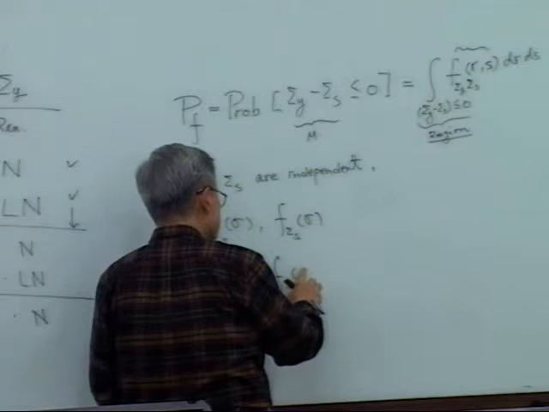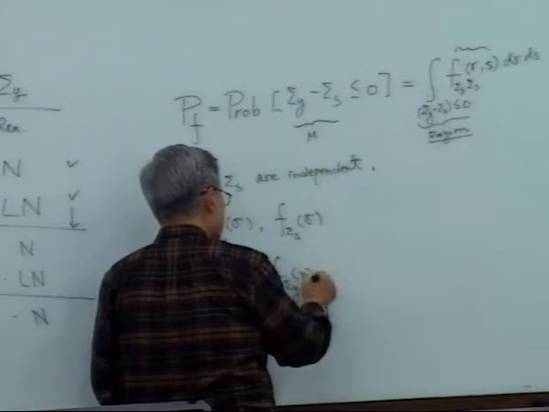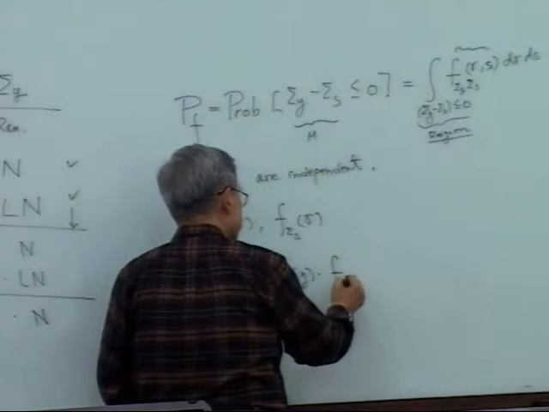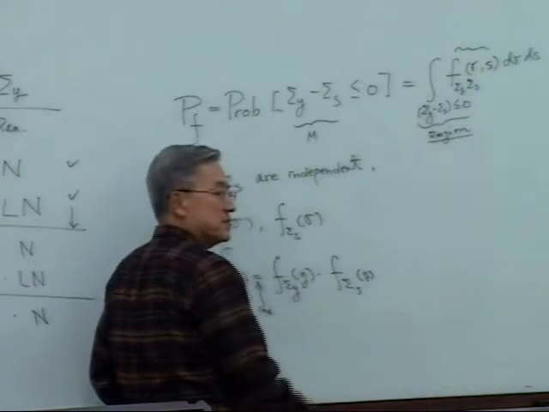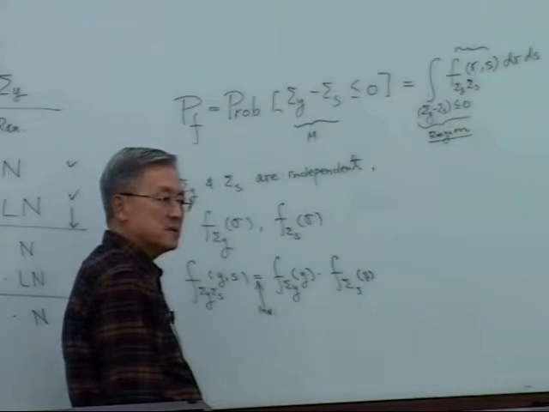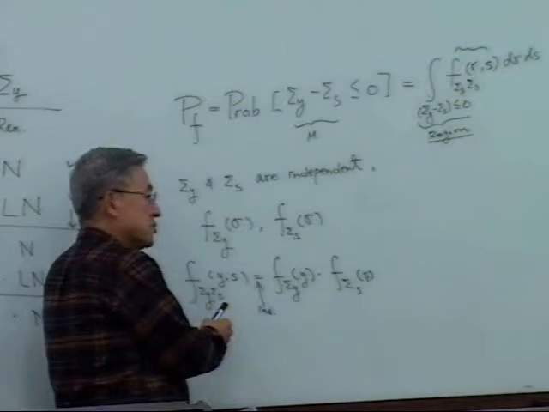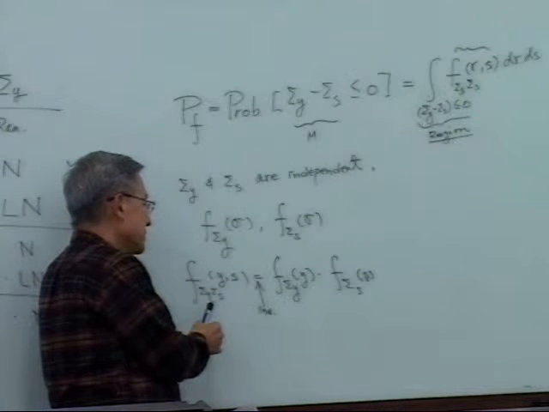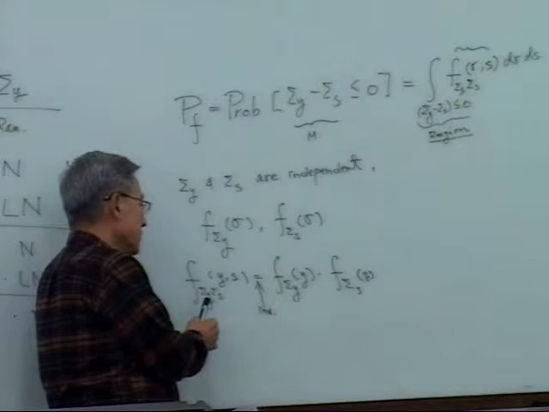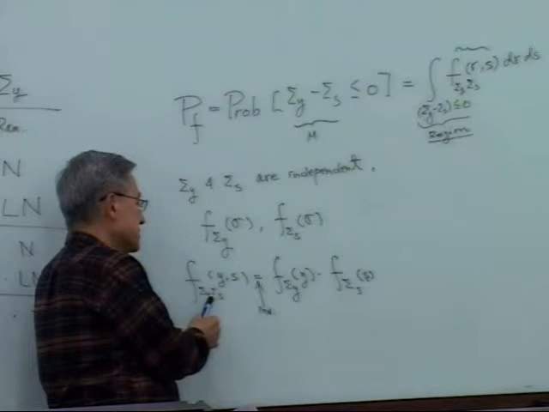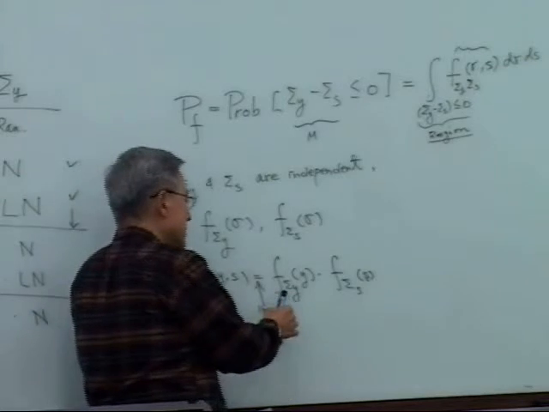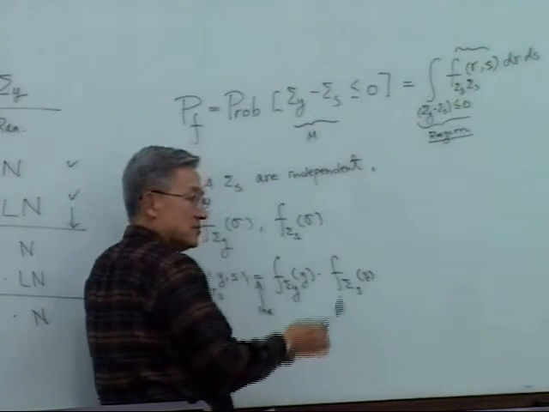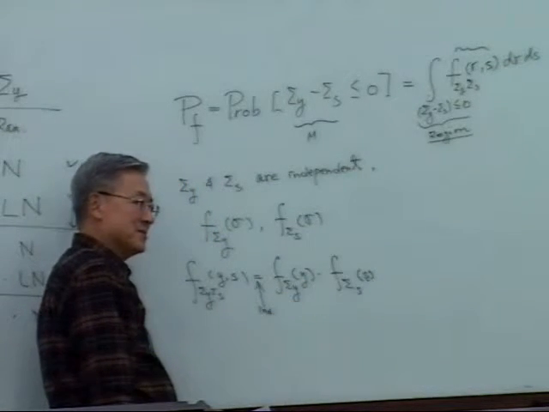Then this is f_y multiplied by f_s. It simplifies very nicely. For the joint, the normal probability density function, if it's a joint, it's a mile long. But for each one, it's only half a mile long.